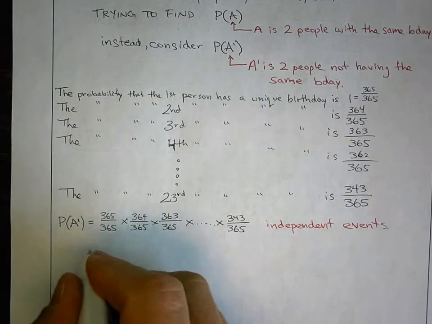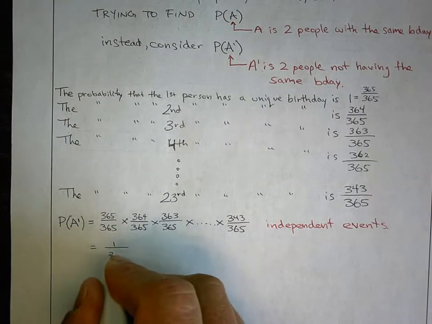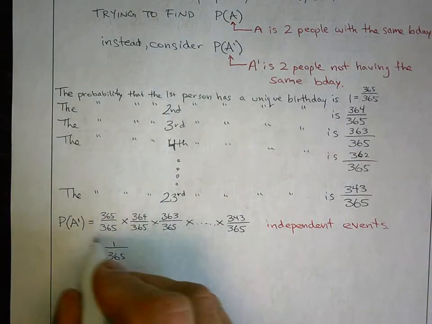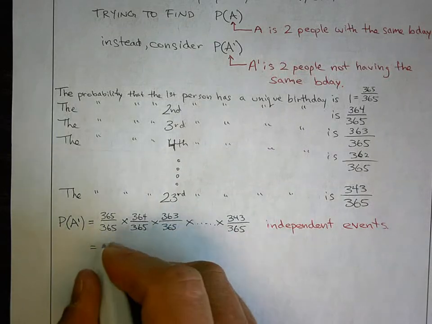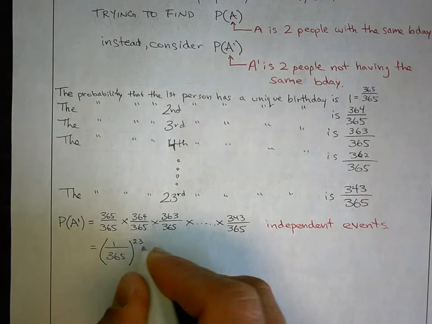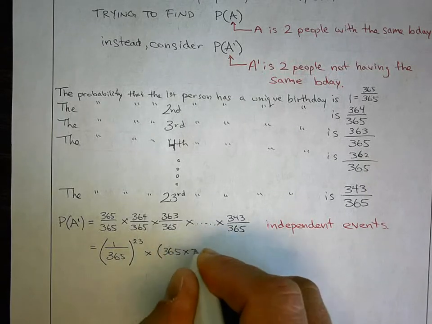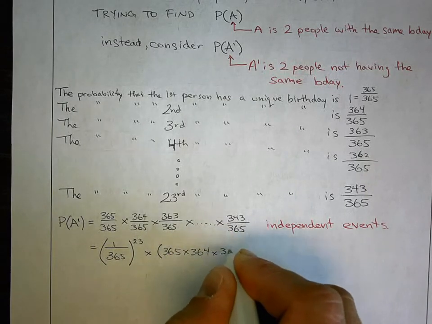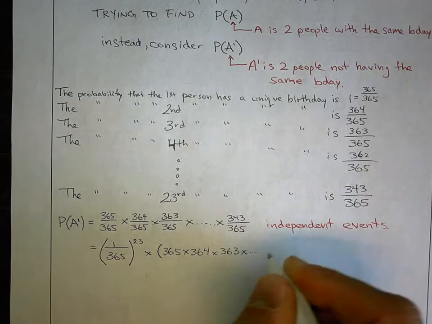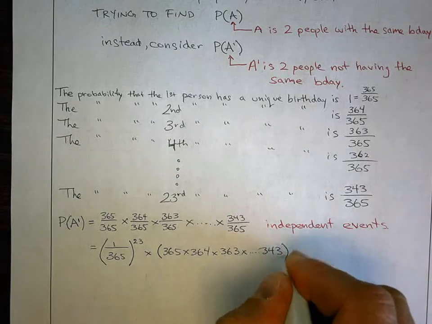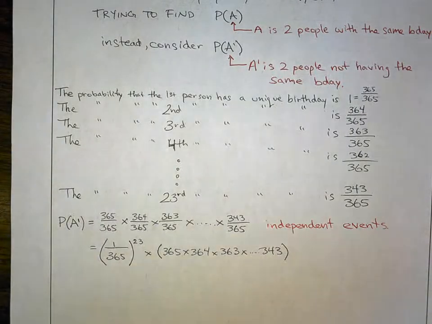Now, just to make our life a little easier, I'm going to factor out 1 over 365. I factor it out 23 times. Then I'm left with 365 times 364 times 363 times, all the way to 343. There's a shortcut for this.